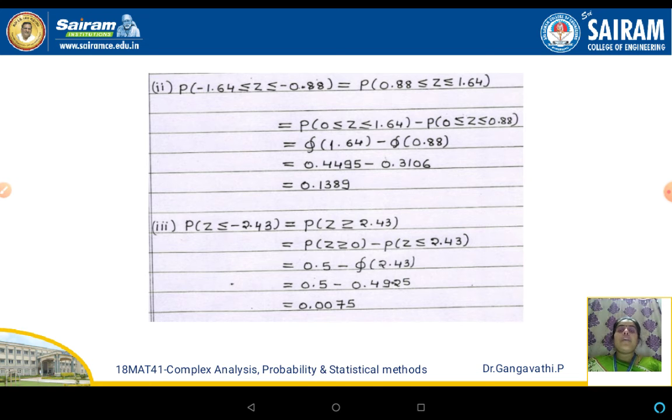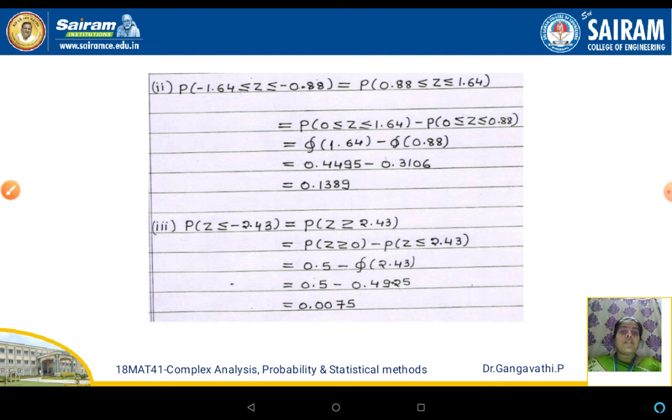So P of minus 1.64 less than or equal to Z less than or equal to minus 0.88 can be written as P of 0.88 less than or equal to Z less than or equal to 1.64. So this we can write as P of 0 less than or equal to Z less than or equal to 1.64, taking the upper limit 0 to 1.64, from which we subtract the lower limit P of 0 to 0.88.